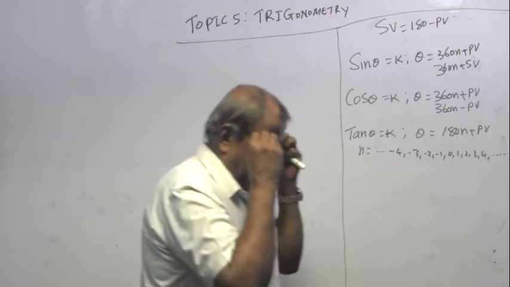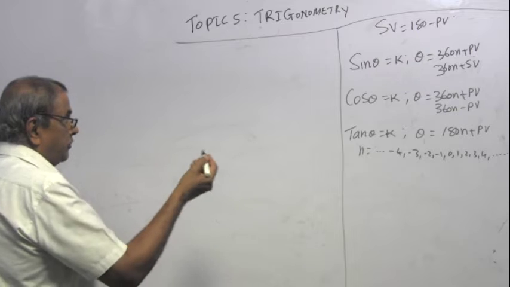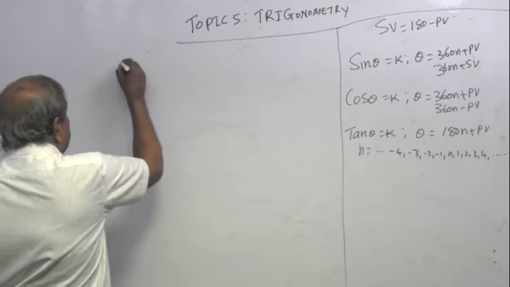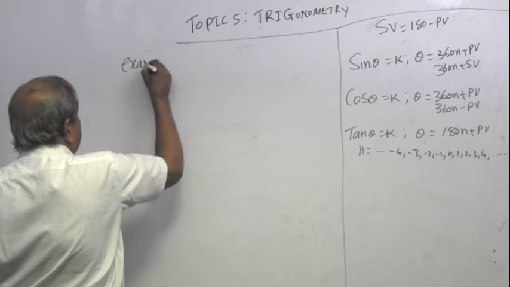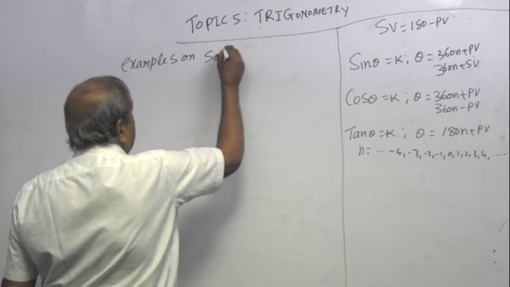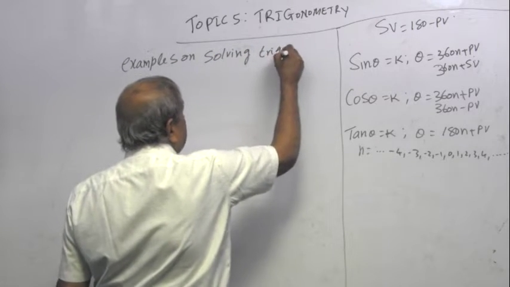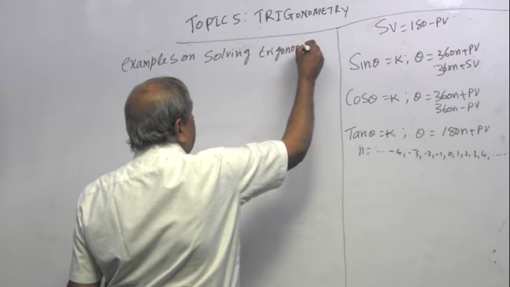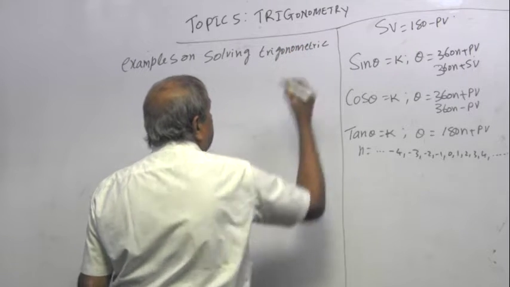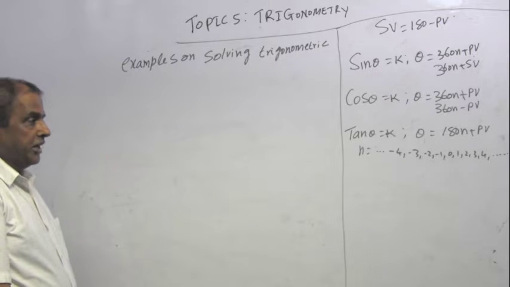Okay? Last time I gave you the formula, I didn't do any questions. So today I will do examples on solving trig equations. Of course, students in India will be asked to do a general solution, but in the UK syllabus, we don't have that. I don't know about the American syllabus.